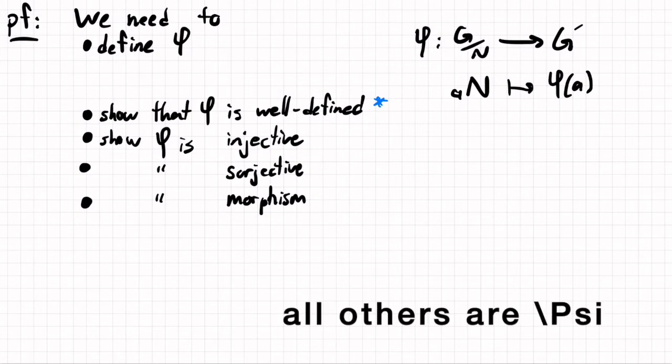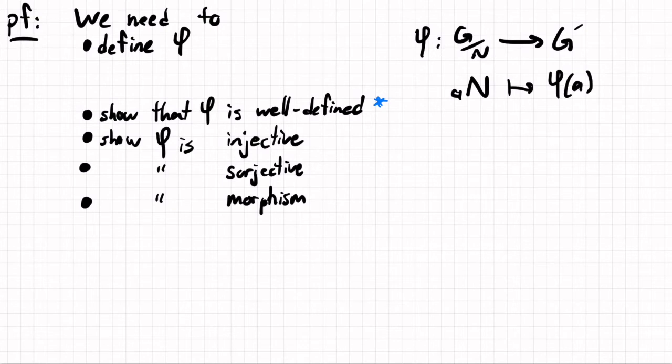So the idea is somehow this kernel, the idea of doing the quotient is that the elements that we're quotienting by become trivial somehow. So the idea is that these guys that are in n, multiplying by anything in n doesn't matter. And because the kernel is going to be things that map to the identity, right?